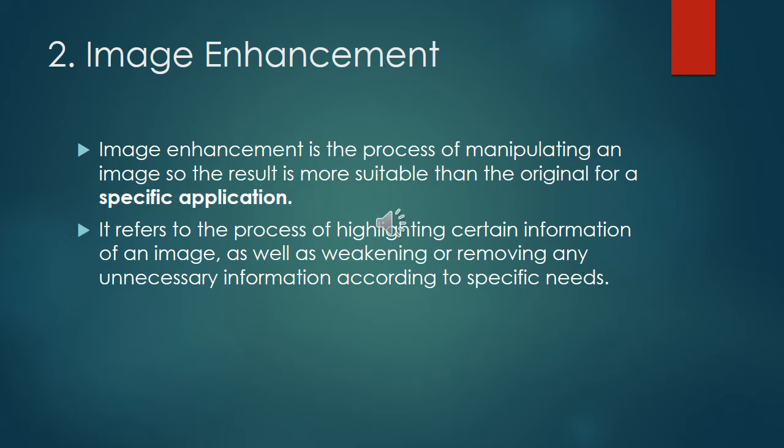These are the examples of image enhancement: filtering, histogram, noise removal, linear contrast, median filtering, unsharp mask filtering, decorrelation stretch. So it refers to the process of highlighting certain information of an image as well as weakening or removing any unnecessary information according to specific needs.